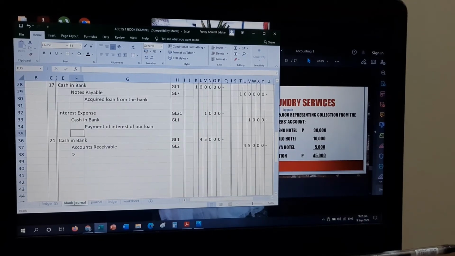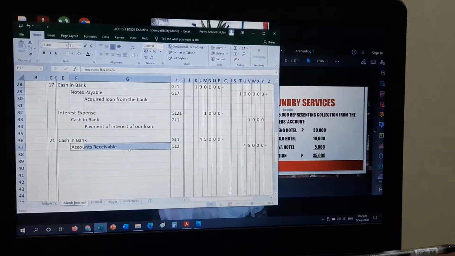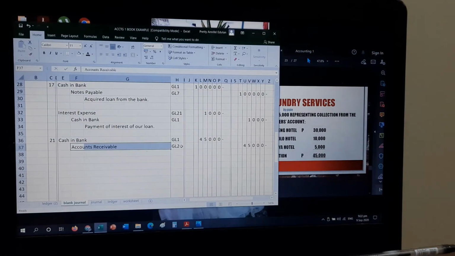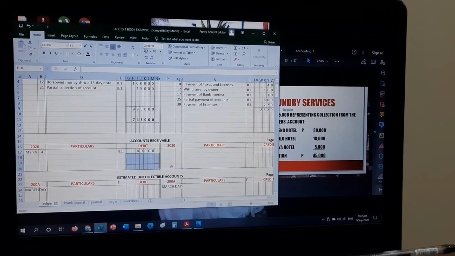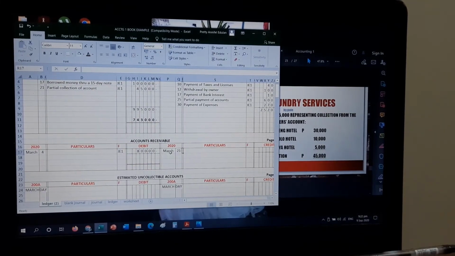March 21, that's JE1, 45,000. So if you have noticed, that is why we credited accounts receivable, because our purpose here is to minimize the balance.